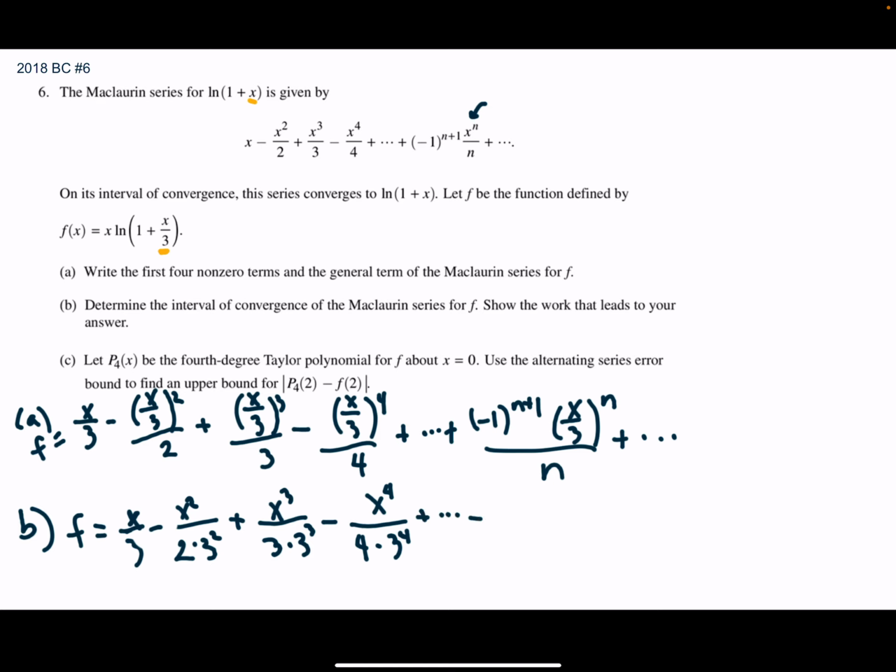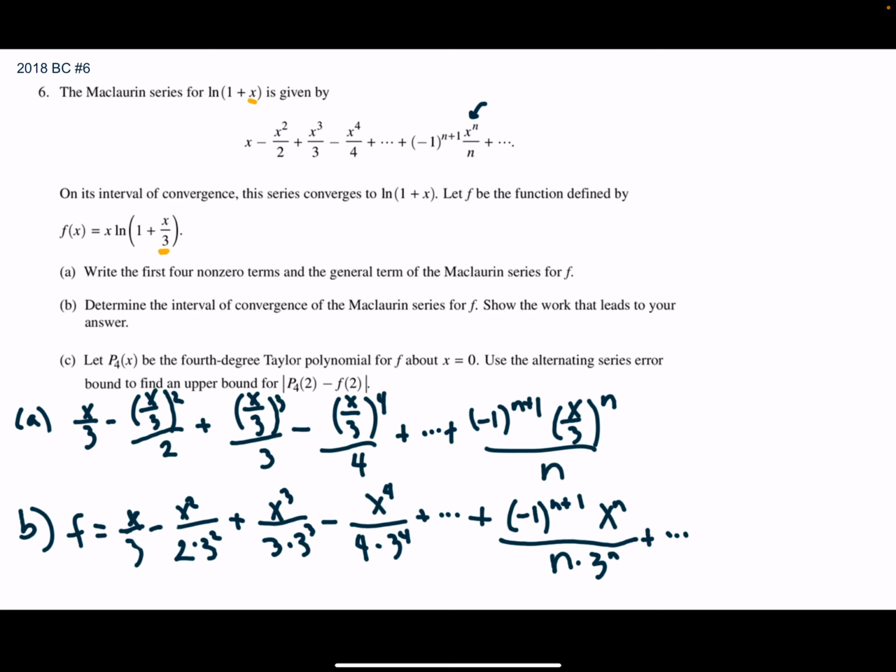And then my general term is negative 1 to the n plus 1, x to the n on top, and n times 3 to the n on bottom. I put an equal sign in the beginning, so I need a plus dot dot dot at the end now. And again, had I not put that here, I wouldn't need this at the end necessarily.